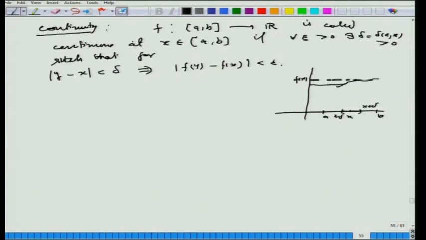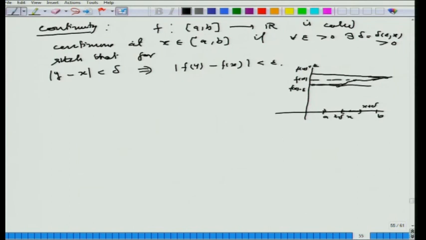And this is the epsilon strip: this is f(x) plus epsilon, this is f(x) minus epsilon. So, here these values f(y) must lie within this strip.